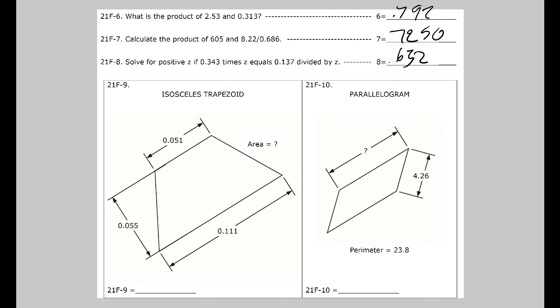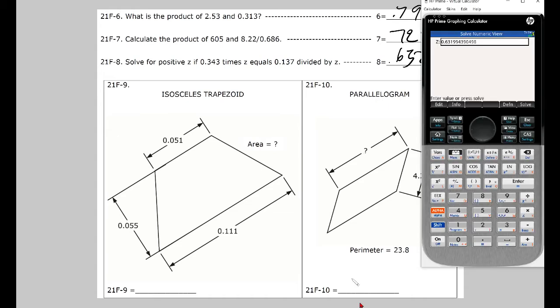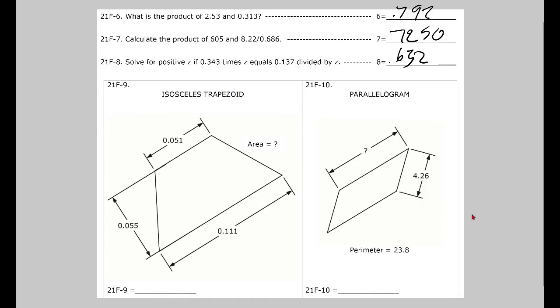All right, so for number 9, we would be doing the area of a trapezoid. If you don't know the formula for area of a trapezoid, it goes something like this: area is equal to height times base 1 plus base 2 divided by 2. So base 1 plus base 2 times height divided by 2.